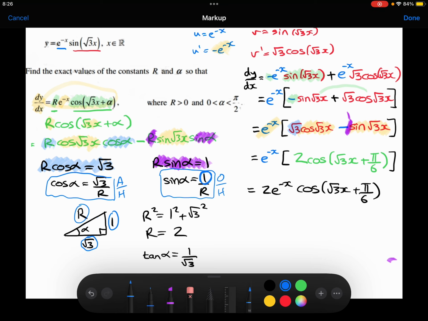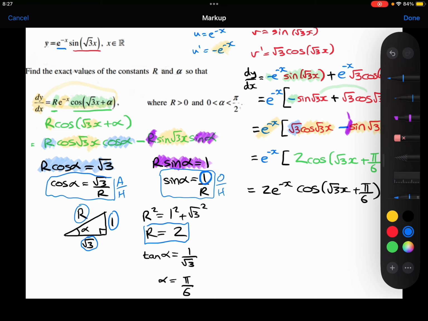I've then done a little bit of Pythagoras to work out what r is and found that it's 2. And then I've said that tan theta is the opposite, so that's the 1, divided by the adjacent, which is the root 3. And then when I do tan inverse of 1 over root 3, I find that alpha is pi over 6.